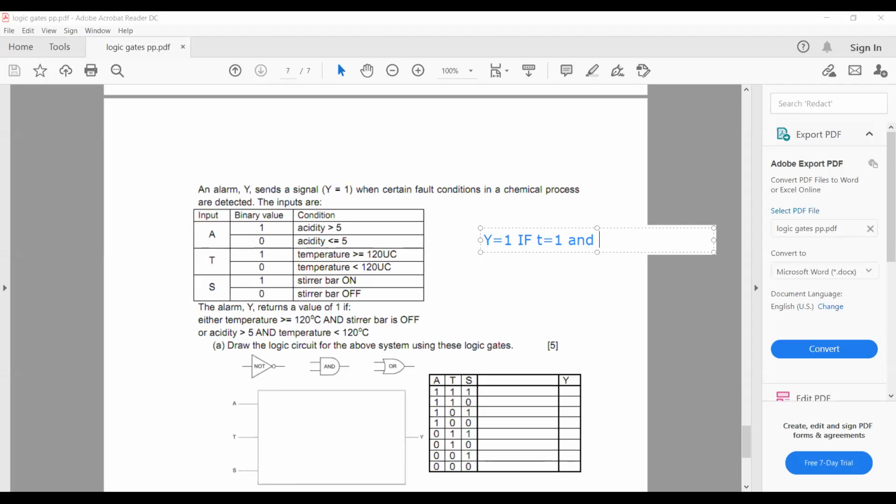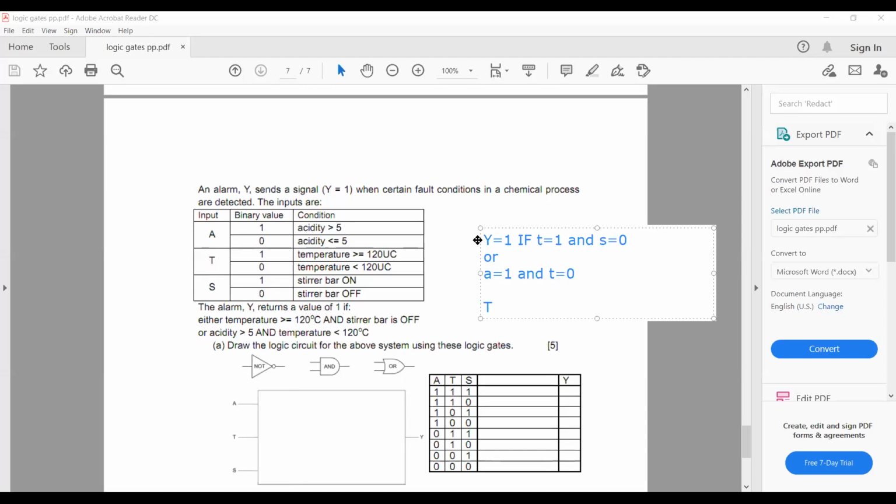Start bar off means S equals 0. Or acidity greater than 5, which means A equals 1, and temperature less than 120, so T equals 0.